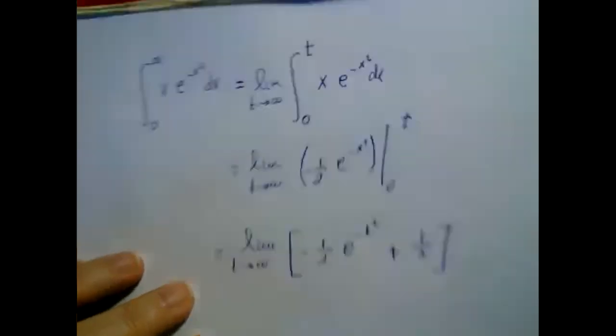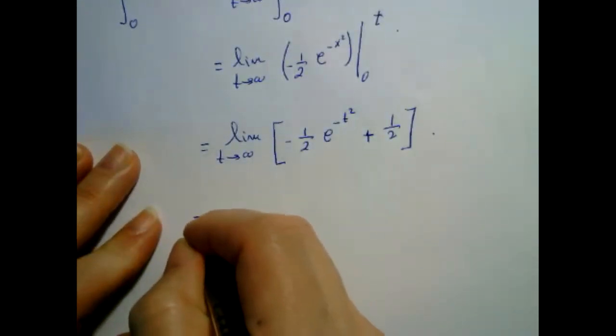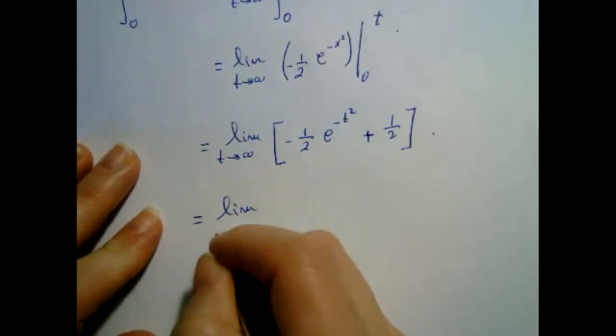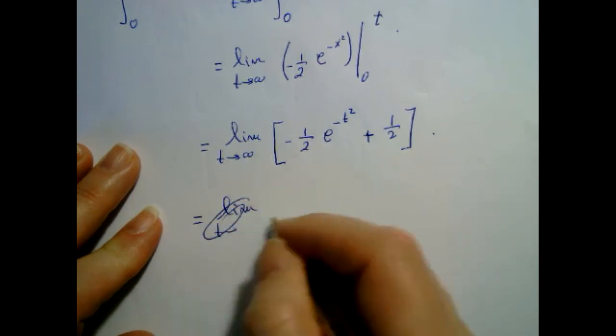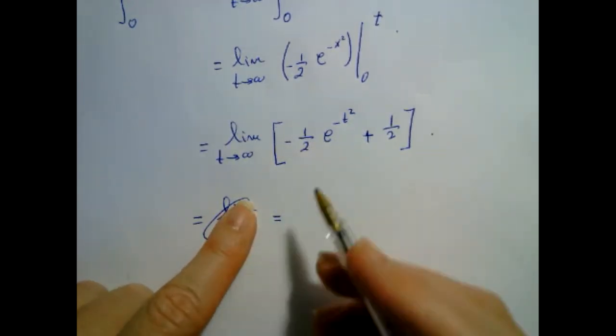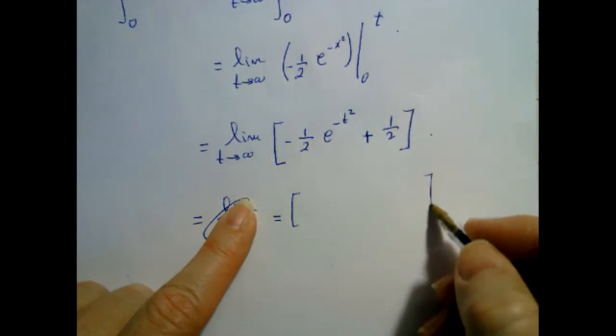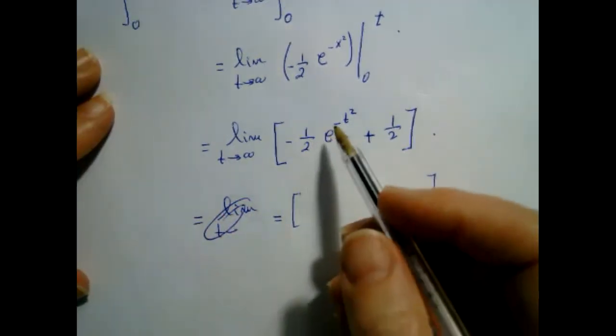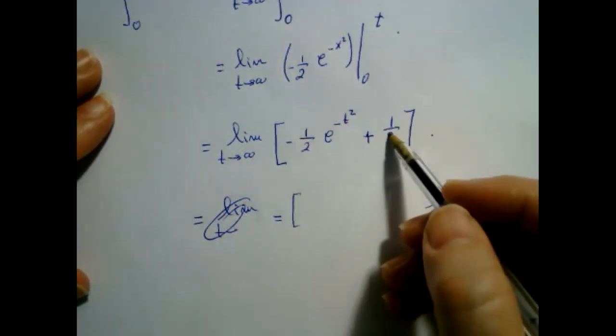So finally, we get the following. The limit as t goes, sorry, we don't need the limit anymore. All right, let us analyze this. When t goes to infinity, this is a constant.